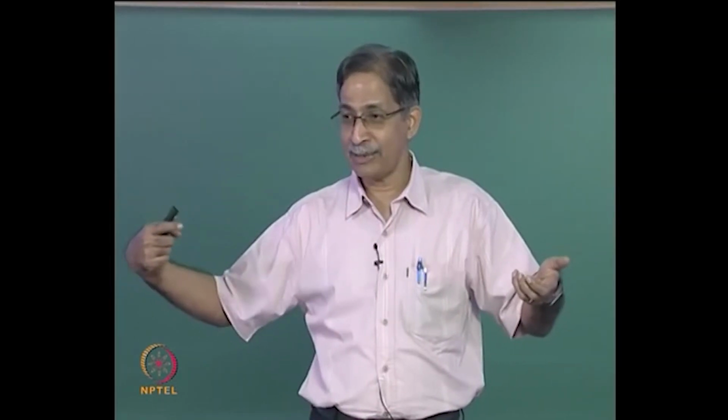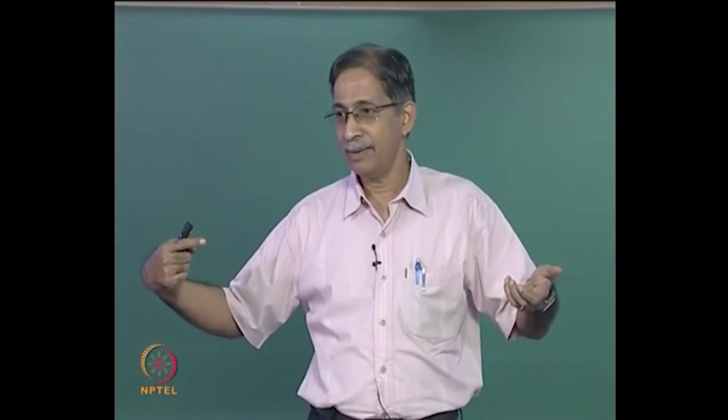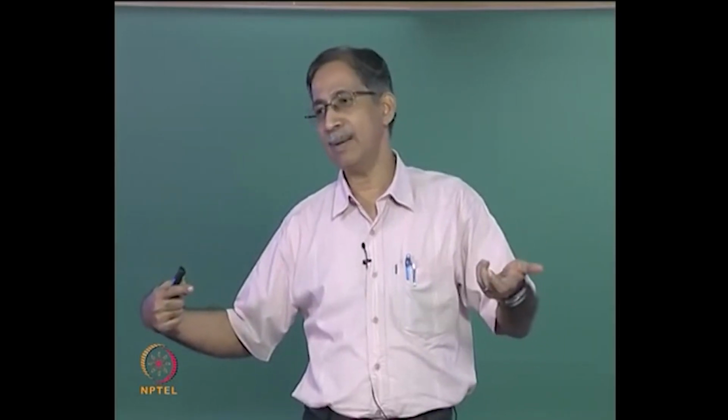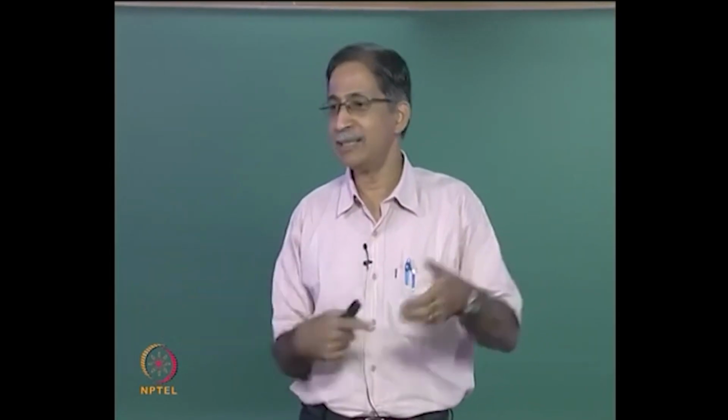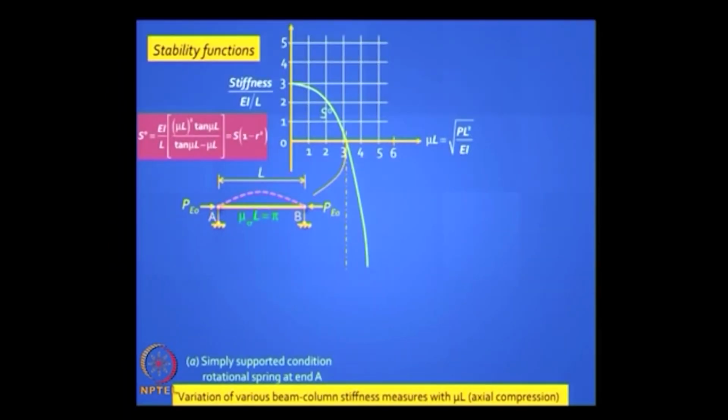If my axial force is the critical buckling load, then I can really play with it like plasticine, because it yields completely, so the stiffness drops to 0. Is it clear? If I am applying P which is a small value, then I really don't have to worry, because you see it's kind of tangential at that initial value. Can you see this? So I need to really worry only if mu L crosses 1, because I can really ignore it otherwise. So I take a call on when I can ignore and when I cannot ignore.